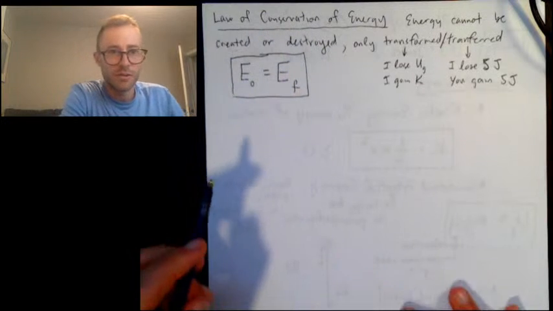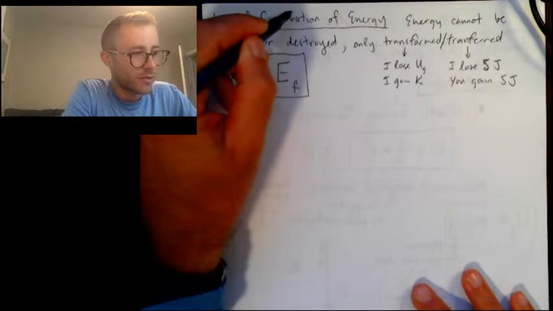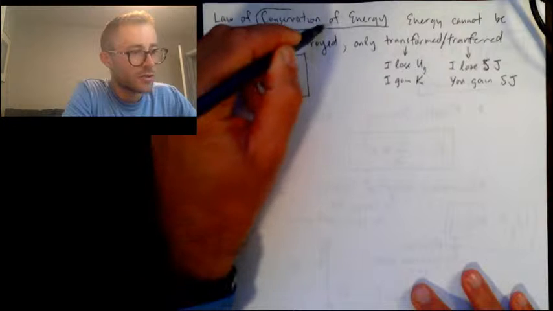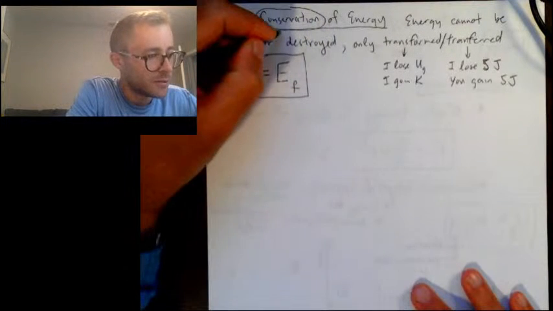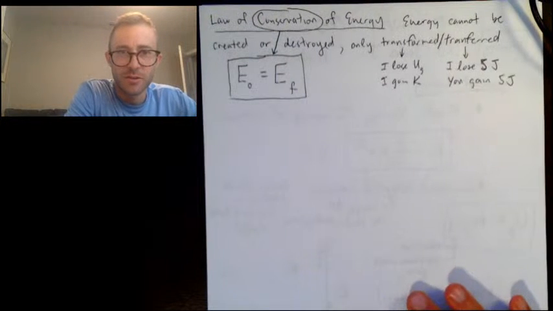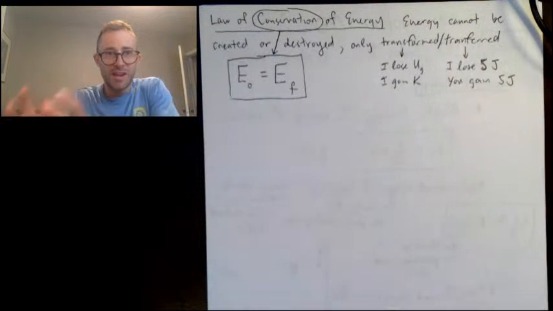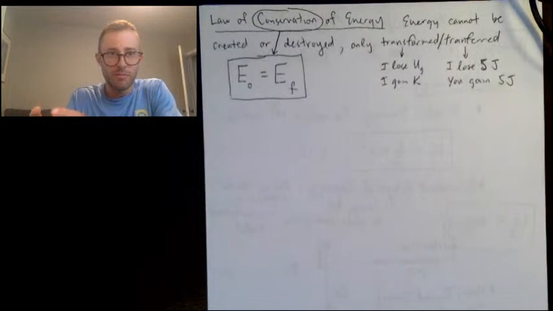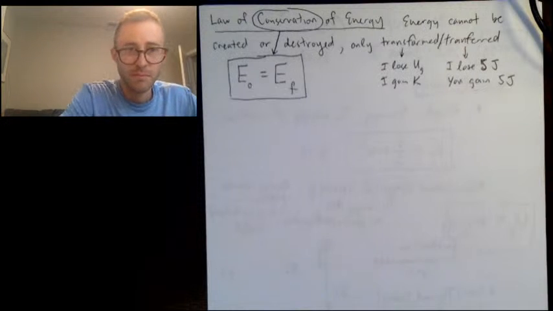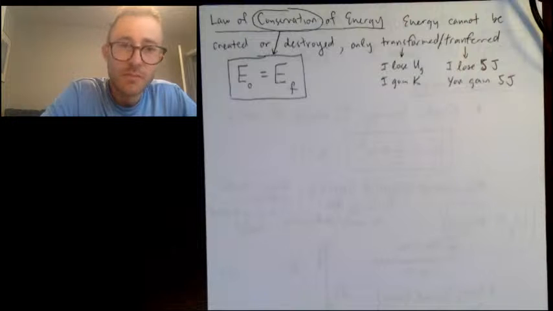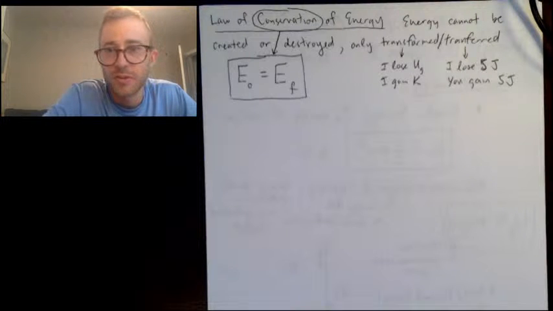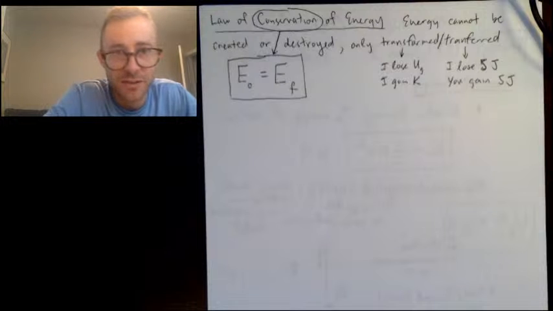We're going to encounter this word in the class a lot, this word that says conservation. And conservation means that the initial amount, the amount that you start out with, is the same as the amount that you end up with. Okay? So you might have heard of some other conservation laws in your chemistry class. Has anyone ever heard of conservation of mass in your chemistry class?